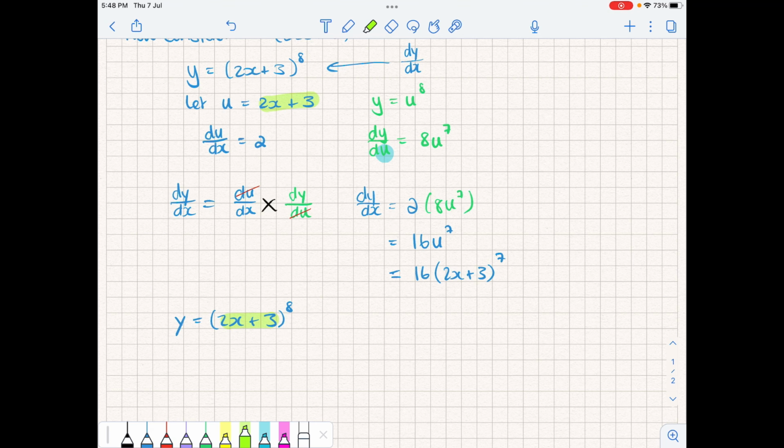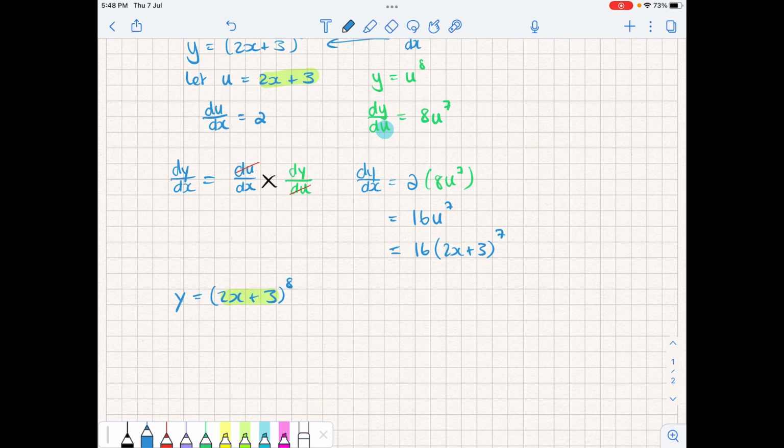So the way you can think about this is differentiate the outside. If we differentiate the outside, just ignore the 2x plus 3, just pretend that that's some other variable, and we're going to differentiate that thing. So we're going to drop the power down to the front, so multiply by the power, and then reduce the power by 1. So that's the outside derivative. And then we're going to think, what's the inside derivative?